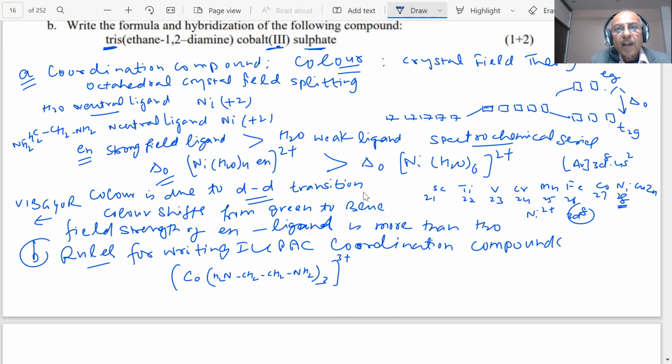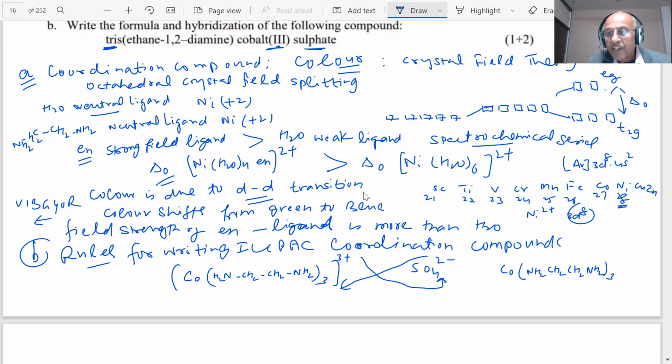And the sulfate is there, student. What is the charge of the sulfate? 2-. Now, when I form the formula, you have to see that this 3 and this 2 must cross over. So I would say the formula is [Co(NH2CH2CH2NH2)3]2(SO4)3. Tris means 3.